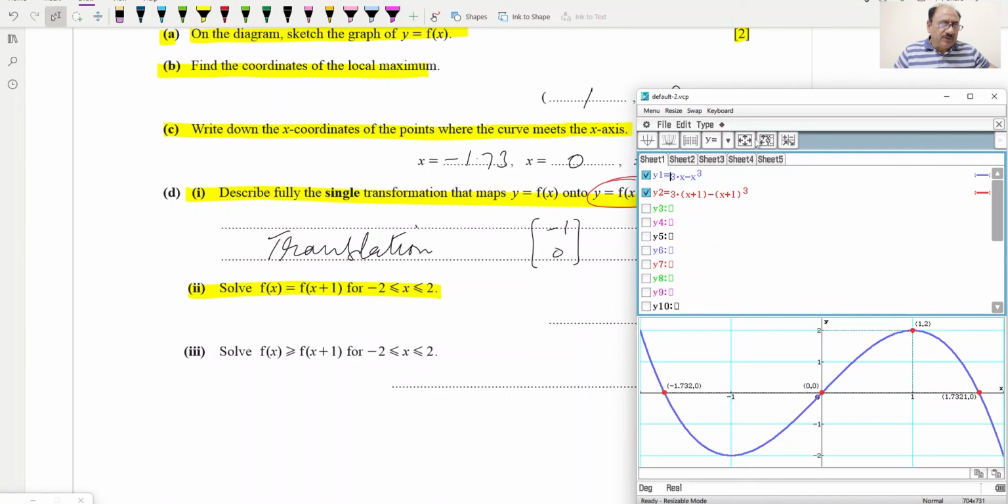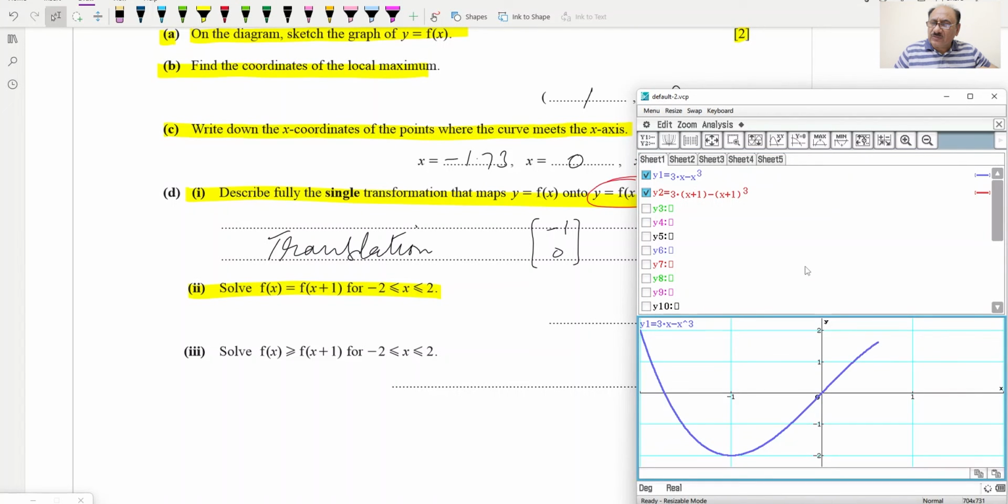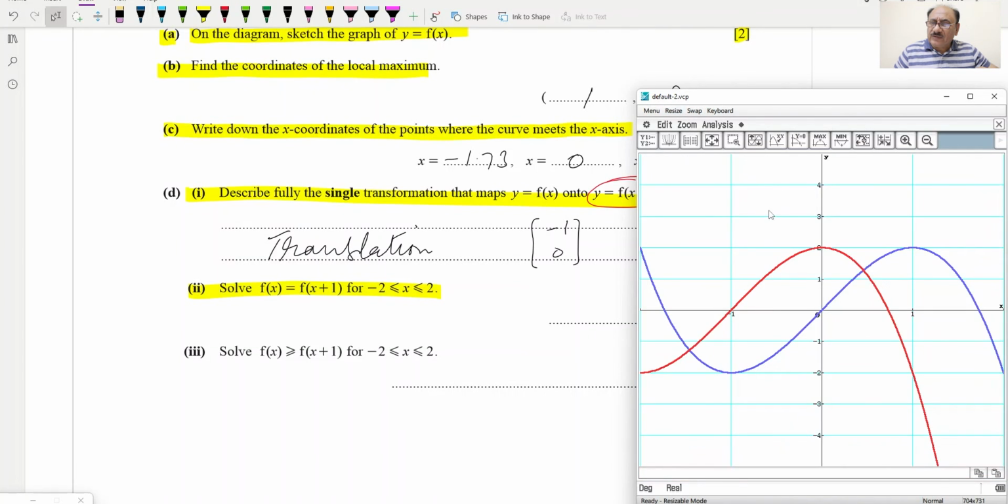We require the intersection values, so they are saying we need to solve this one. If we sketch this, these will be both the curves, and we can resize and check for the intersections. One point is this one, and the second point is this one. Basically these are the two points which we have taken.